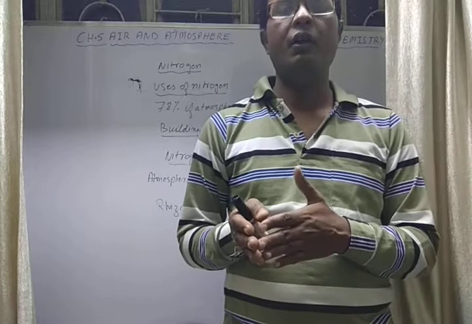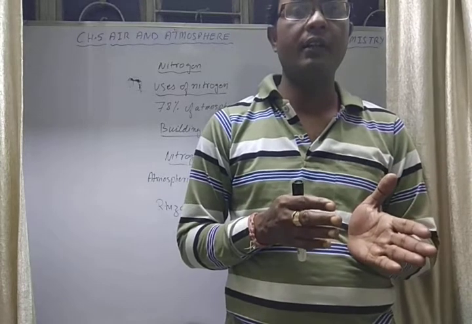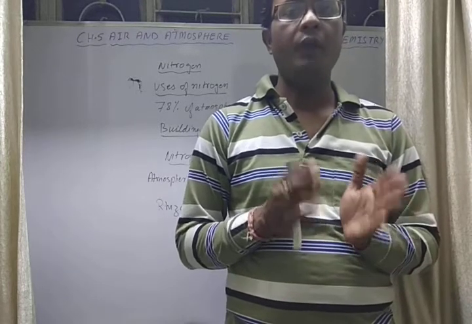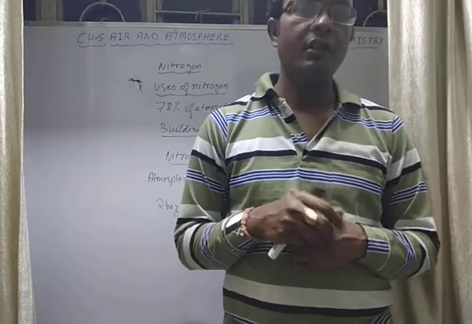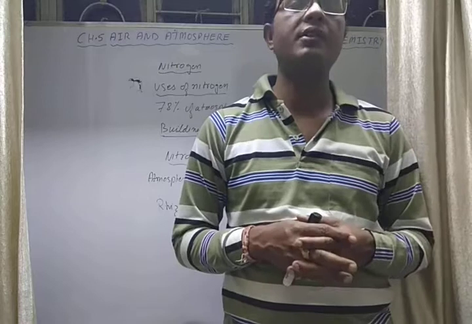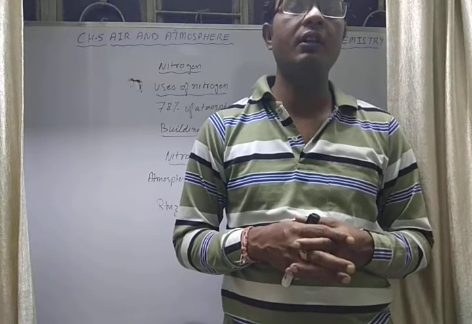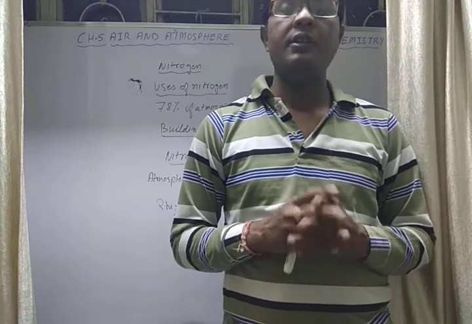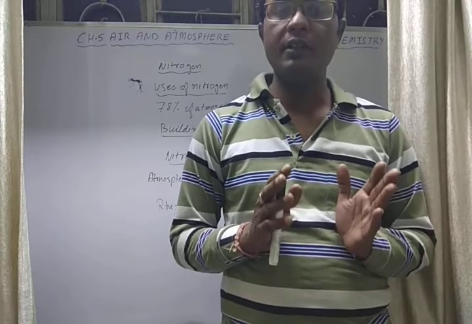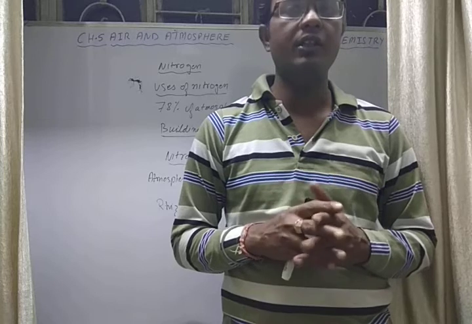Rhizobium depends on the plant for food, whereas the plant depends on the bacteria for nitrogen. This special relationship is called symbiotic relationship. Please remember this word, symbiotic relationship.